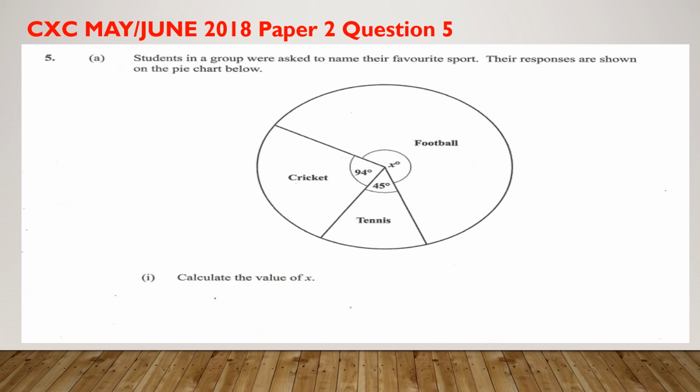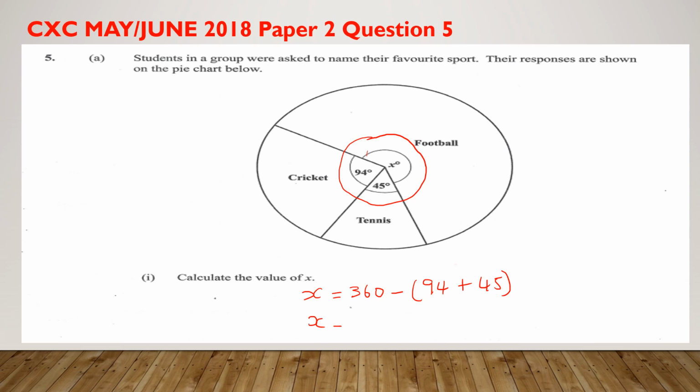So we know first that this is 360 degrees. Therefore, x is equal to 360 take away 94 plus 45.